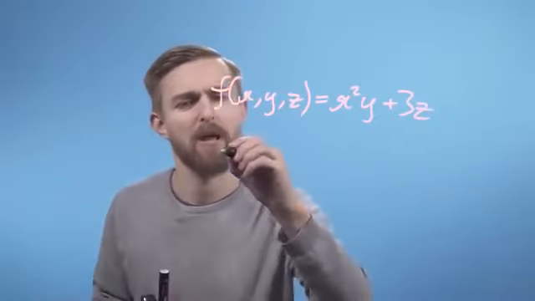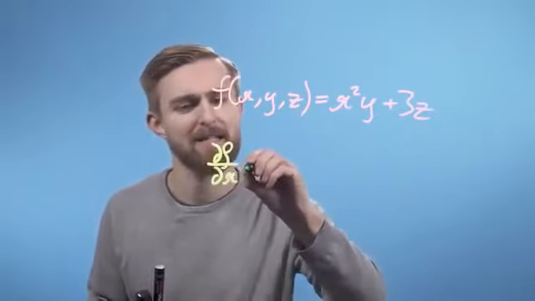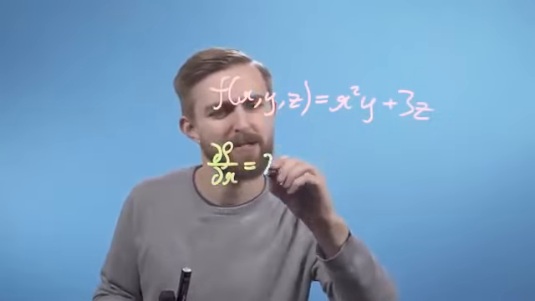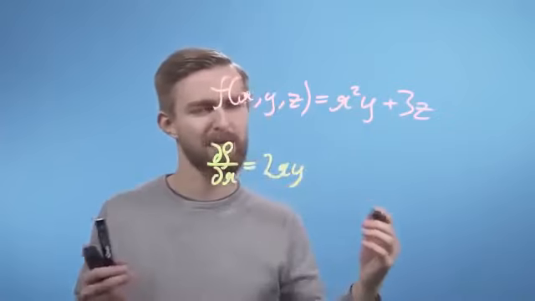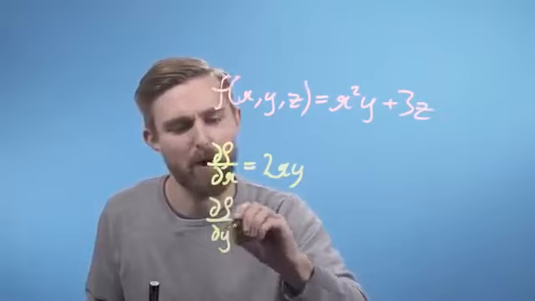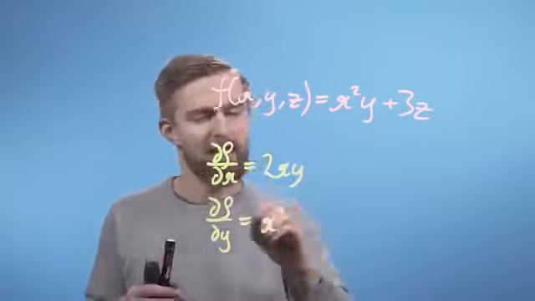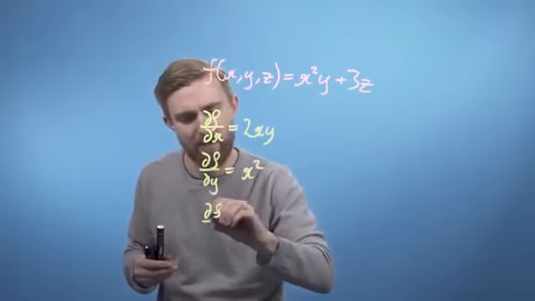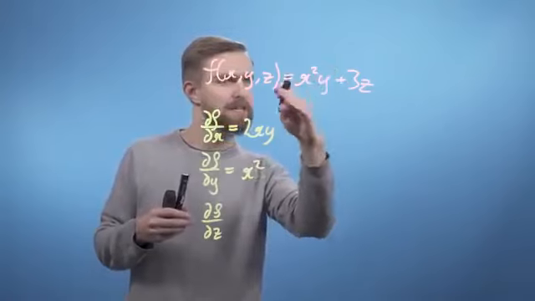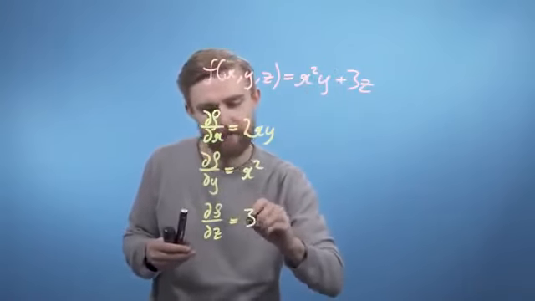So we've got df by dx is going to equal, we're just differentiating with respect to x, so we get 2xy when we treat everything else as constants. df by dy is going to equal just x squared, and df by dz is just going to be, so this thing's just a constant and the z disappears, so we just get the number 3.